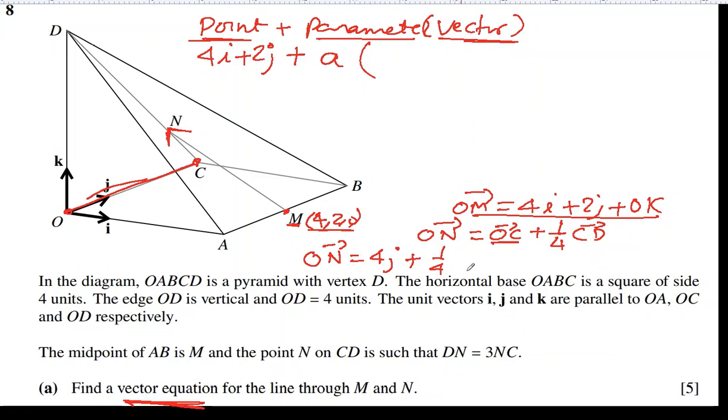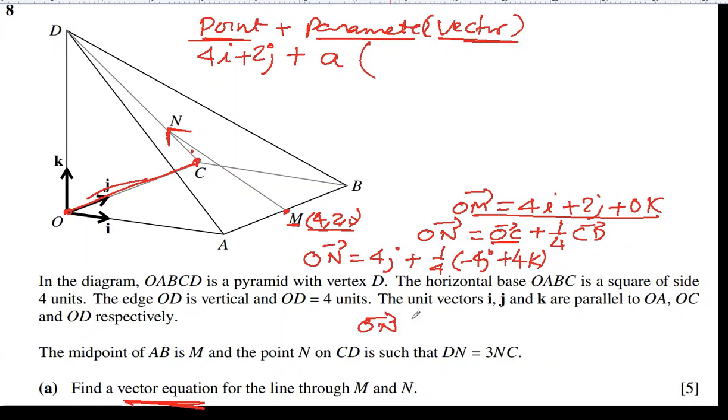I'll go in this direction first and reach O, CO, right, which is minus 4j. And then I will go to D, OD, which is plus 4k. Understand? Because I did not have CN, so I found CD by CO plus OD, and 1/4 of that is CN, and that's what is giving me ON.